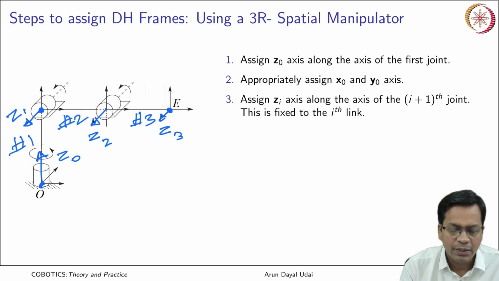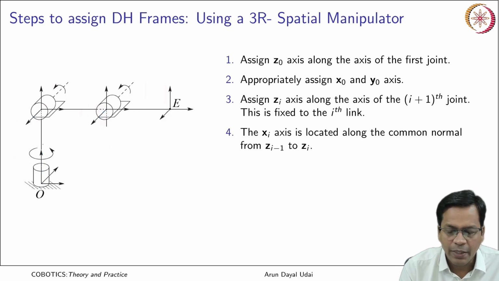This is your end effector, this is the robot base. Once all the z axes are placed, place the xi axis, which is located along the common normal to zi-1 and zi.